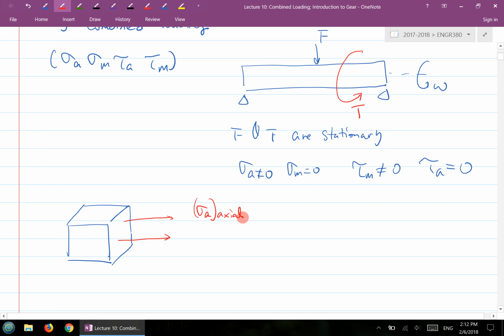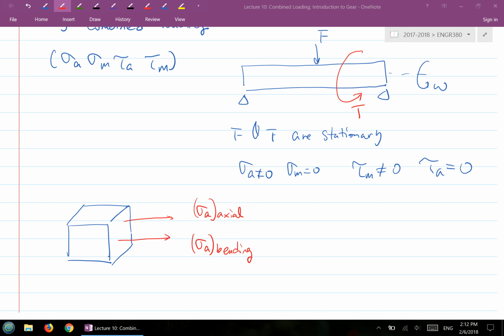So you could have an oscillating axial loading to generate sigma A. You could also have sigma A coming from, of course, bending. So when you take a stress element and look at the location of the element, the possible sigma A could be from an axial loading or could be from a bending.